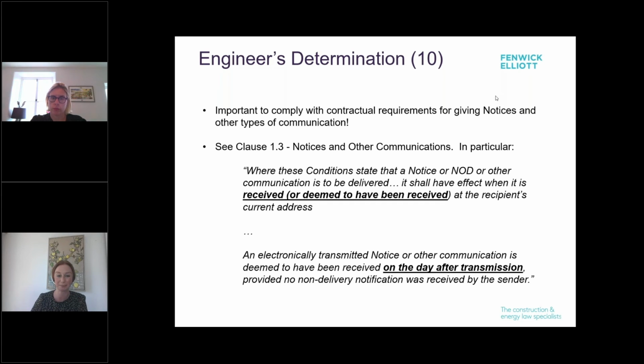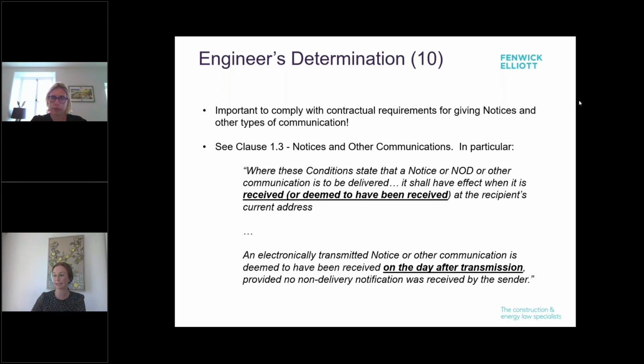determination is binding. One particular point to note is that if a notice or a notice of dissatisfaction or another communication is sent by email, it is deemed received the day after transmission.